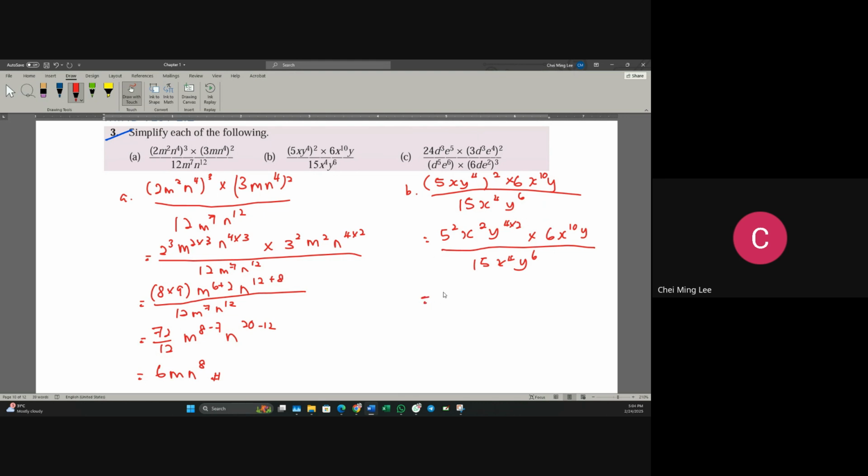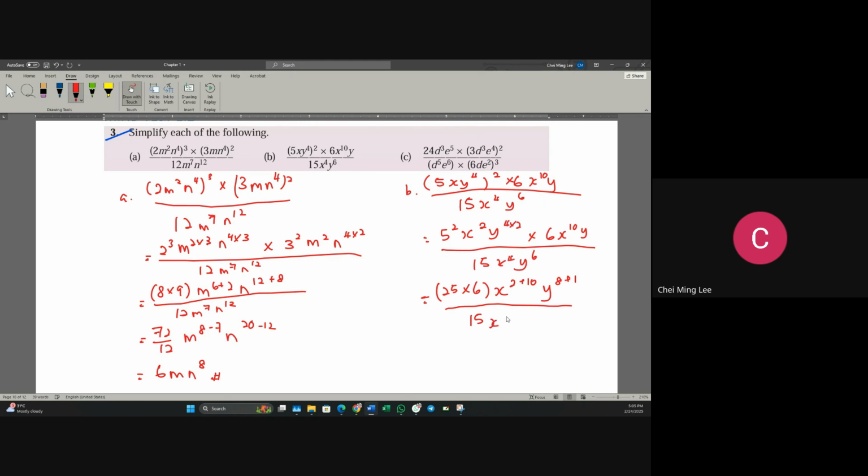So took out this one. 5 is 25, 5 squared is 25. 25 times 6. And then x to the power of 2 plus 10. y to the power of 8 plus 1. Divide by 15.